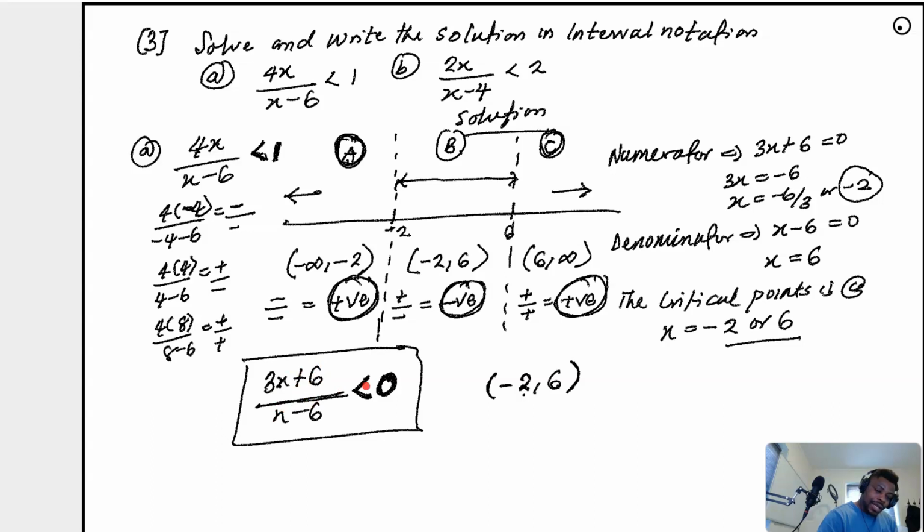So 0 less than 0, which is false. So it simply means minus 2 is not going to be part of the solution. So we are going to have this kind of bracket at minus 2. And we already know 6 is not going to be part of the solution because that is where it is undefined. So this is our solution in interval notation. Or you can write it in terms of inequality notation, which is this.